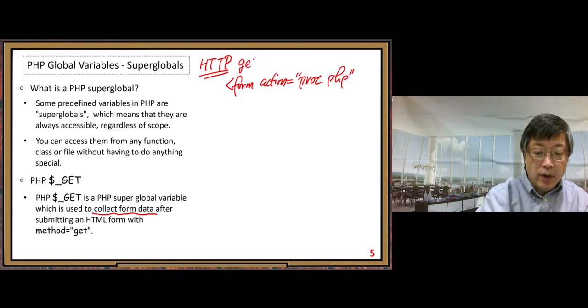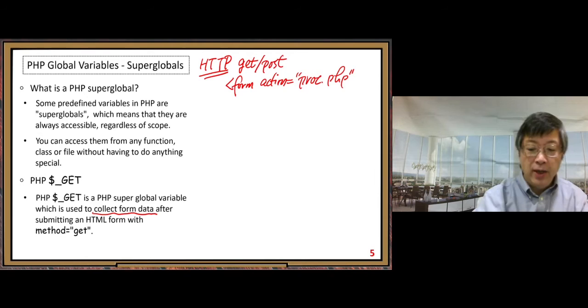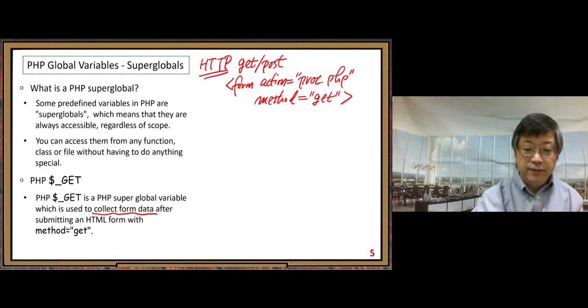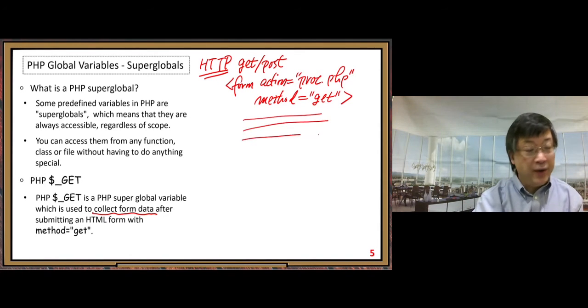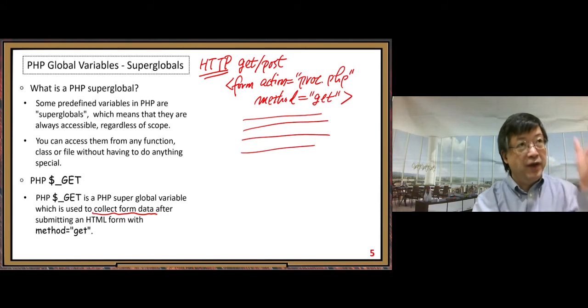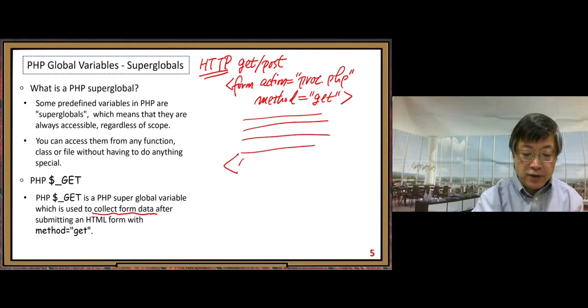There are two methods we use to submit our data, the get method and the post method. To specify the method, you use the method attribute equals get. Then you write your data, different things, then you close the form tag.